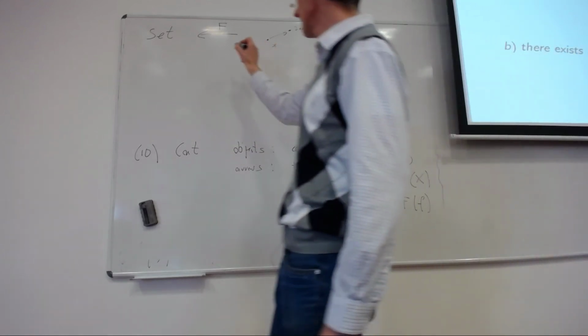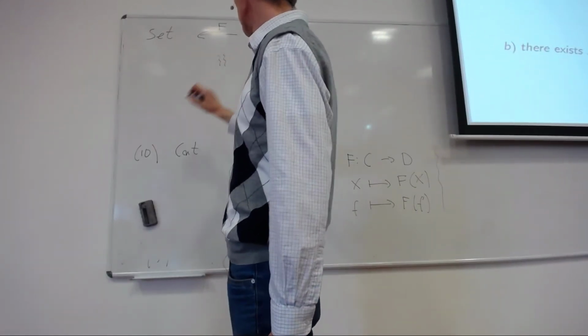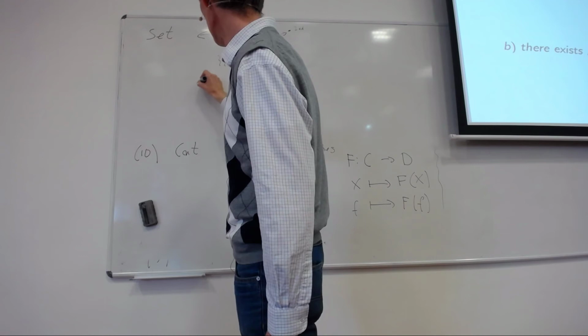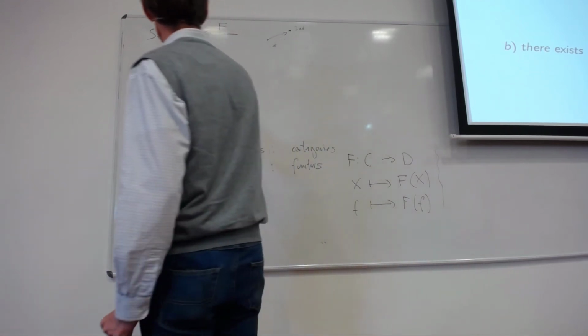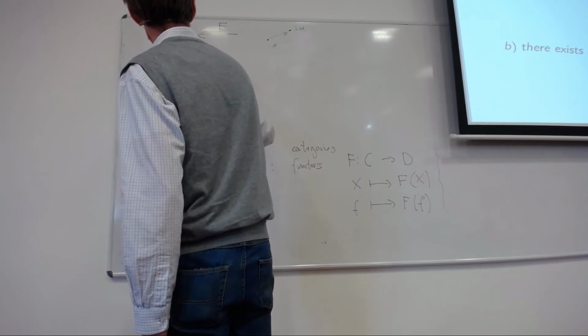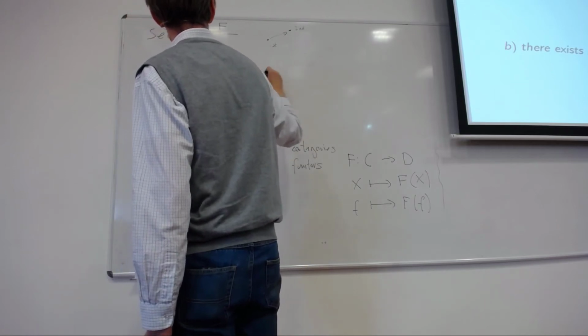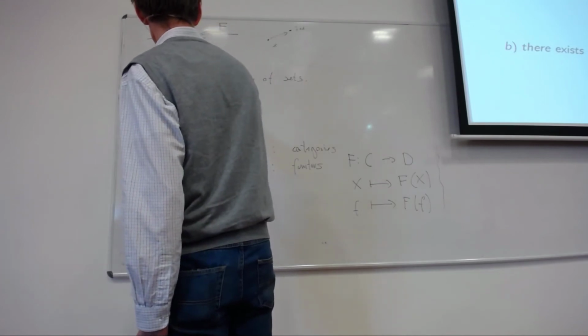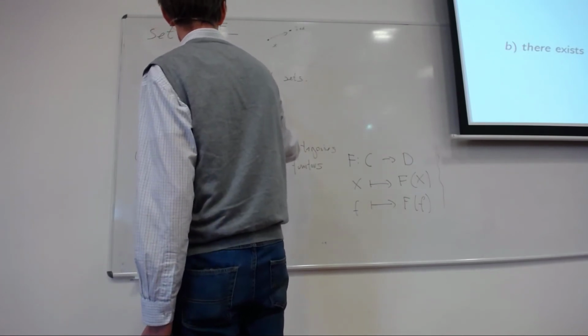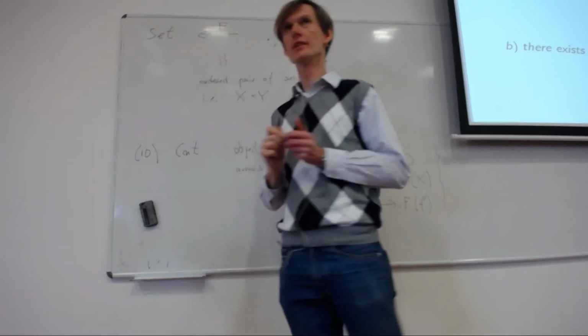So this, very roughly speaking, this functor corresponds to the idea of an ordered pair of sets, which is just, you know, the binary Cartesian product.